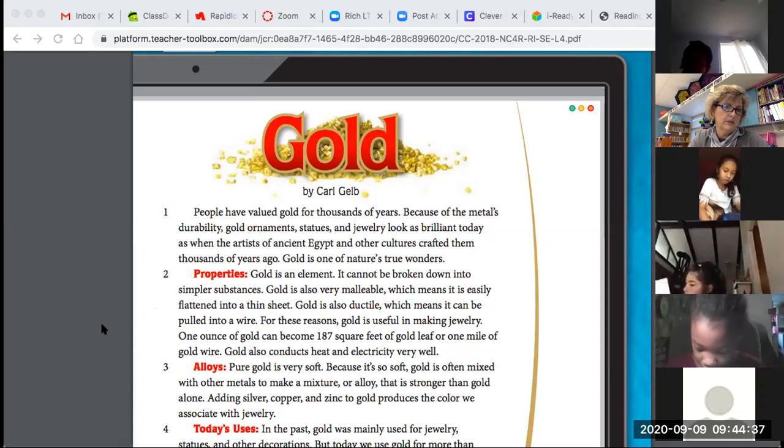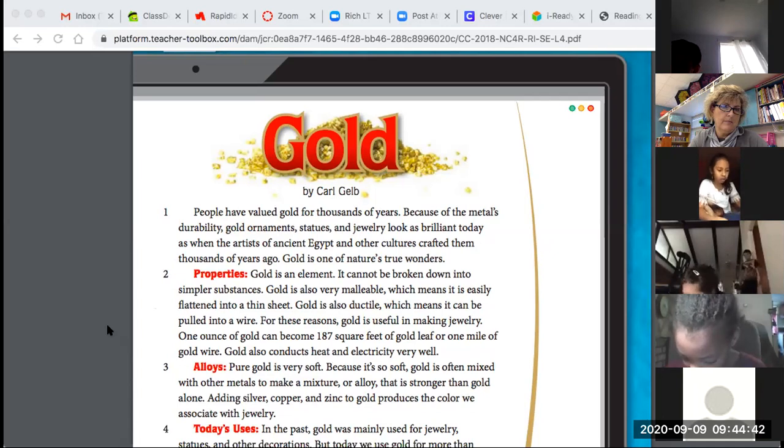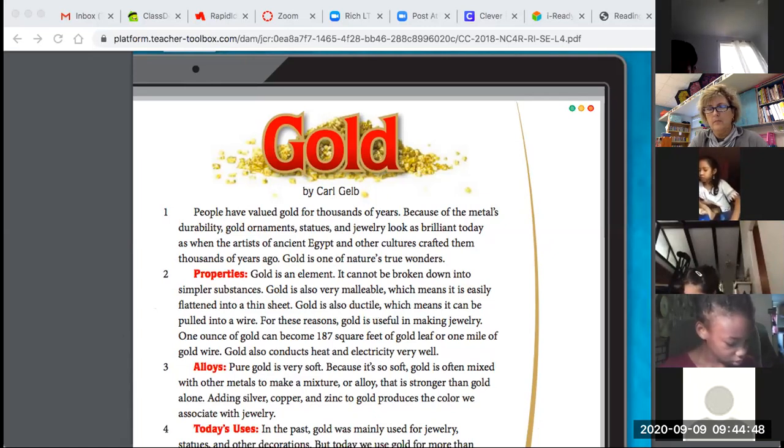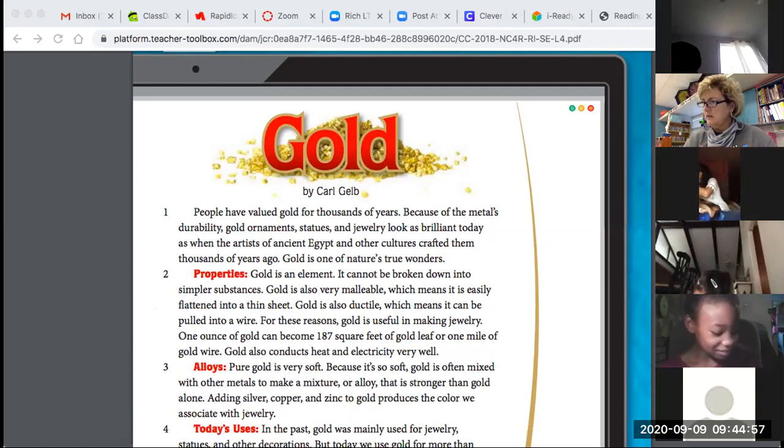I want to switch to the other one. There are two passages here. It's about gold, and you got like 2 questions. And then we got the gold paper. You should have one that says understanding technical text. That's the next one up there, and it should have gone home with you too.